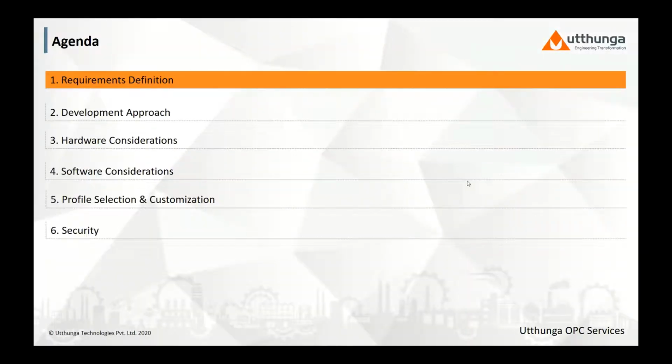As per today's agenda, now that you have a fair understanding of the advantages that OPC UA in embedded devices brings, when you want to start an implementation there are different steps you need to go through and different decisions you need to make at each step. This goes both ways.